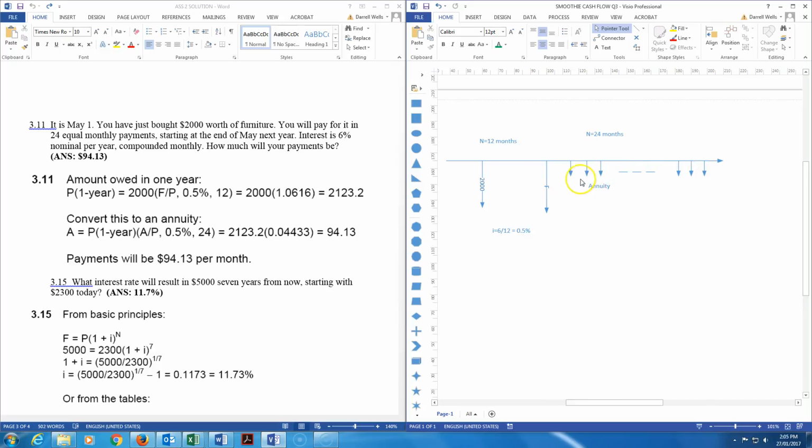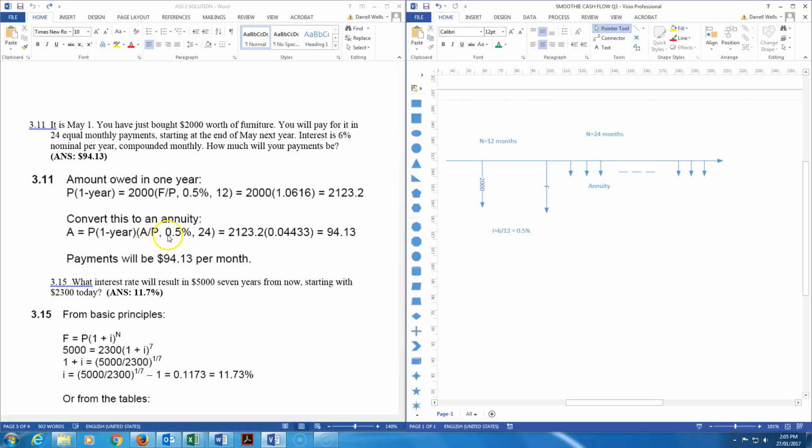Okay? And we want to find an annuity given a present value, for i of 0.5% and n of 24 months. So if you look at our solution here, we want to find A given P for 0.5%, 24. As I mentioned, 24 months is the 2 years over which we want to make these payments.